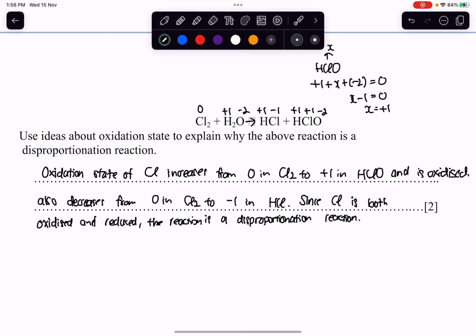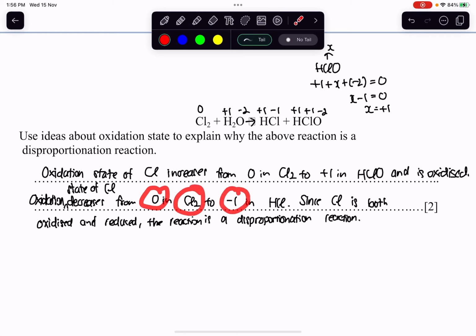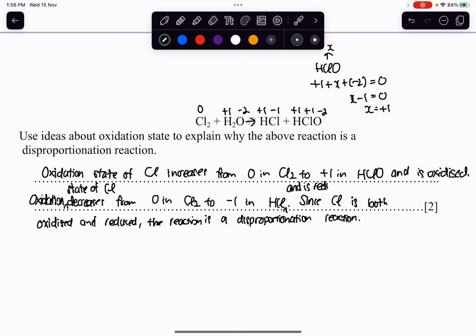Then we can say the oxidation state of chlorine also decreases from 0 in Cl2 to -1 in HCl and is reduced. Then since Cl is both oxidized and reduced, the reaction is a disproportionation reaction.